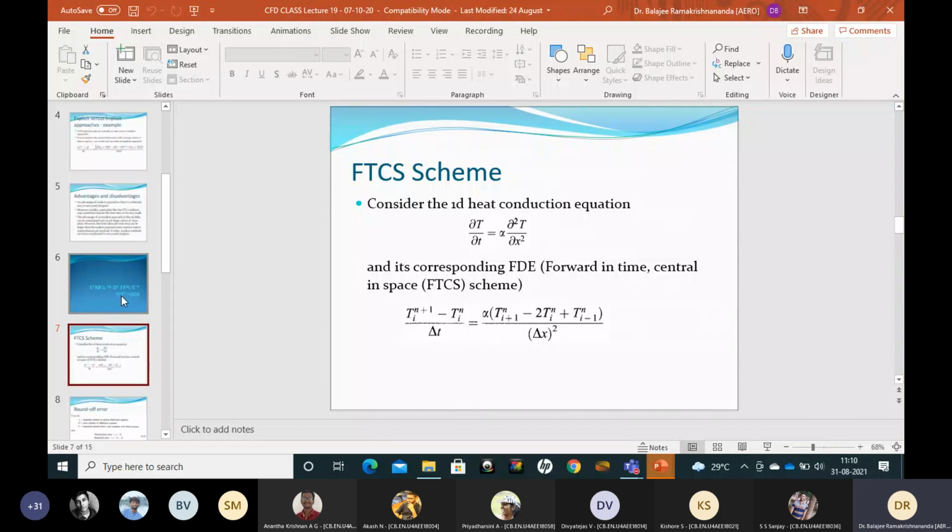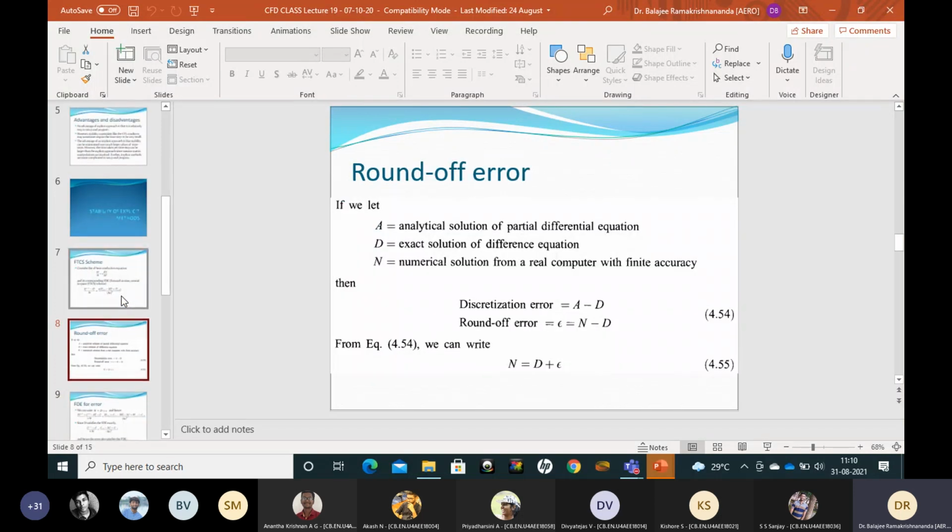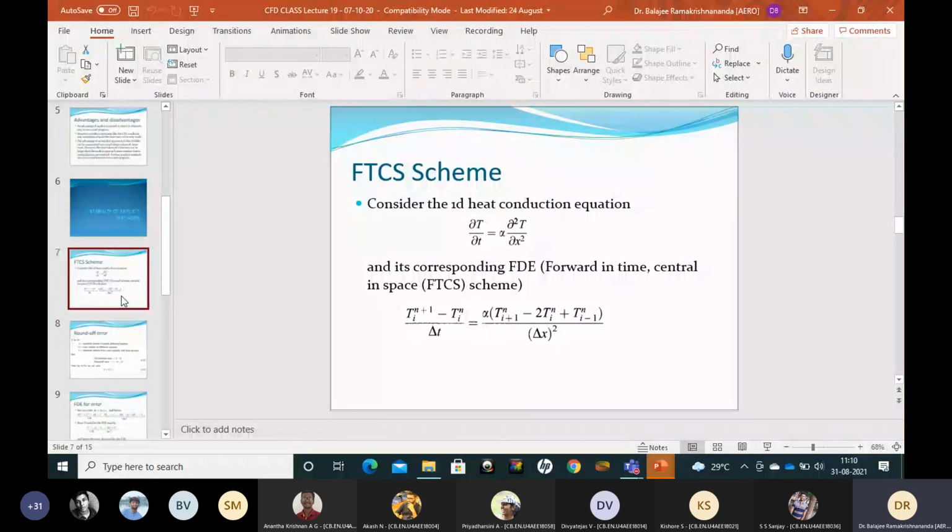Now, coming back to the same 1D conduction equation, discretized by the FTCS scheme, forward in time, centered in space, we sought the exact solution of the FDE, and letting the numerical solution be the sum of the exact solution to the FDE plus the error, we noted that the exact solution should satisfy this equation.